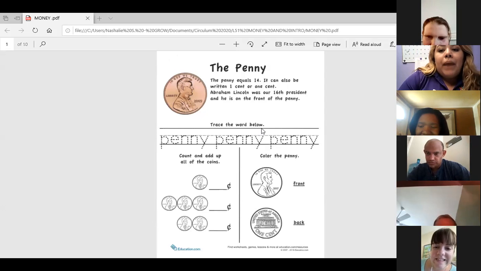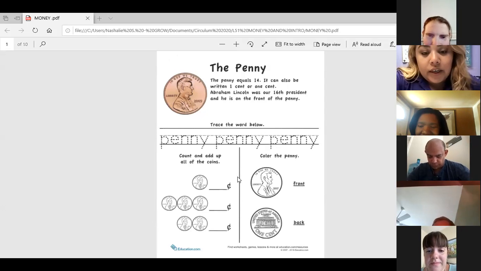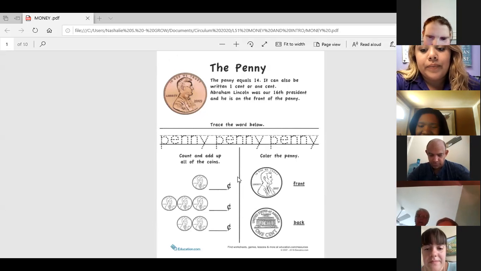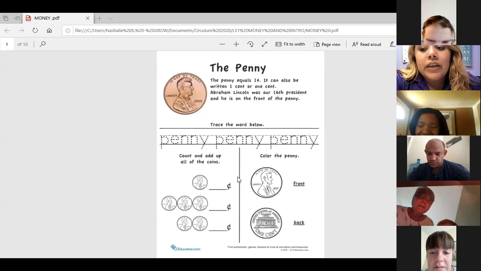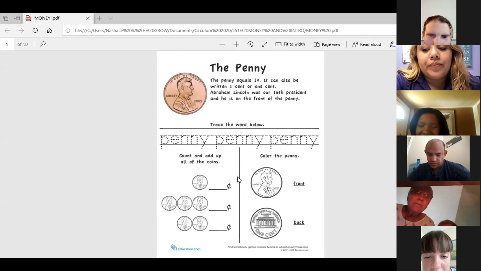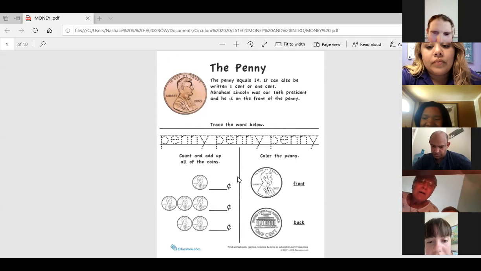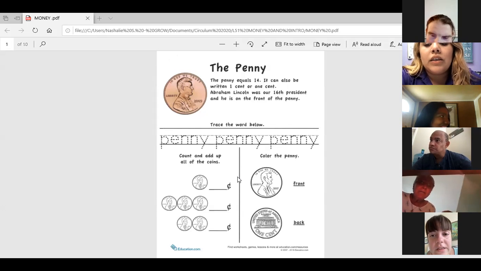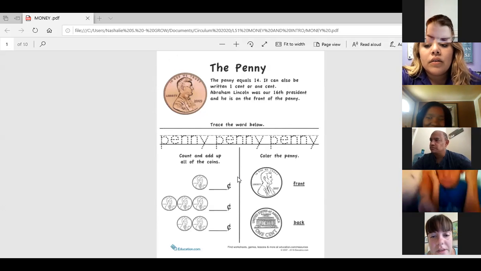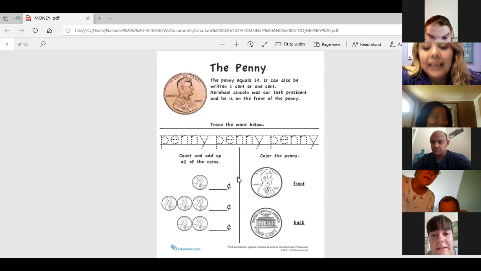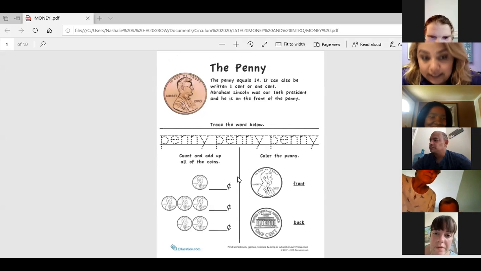So on our back screen, we're going to review all of the different coins that we have. So the first one is which one, Taylor? It's 1 cent. Right. And what is the 1 cent called? A penny. Very good, Taylor. A penny. So you said a penny is worth 1 cent.